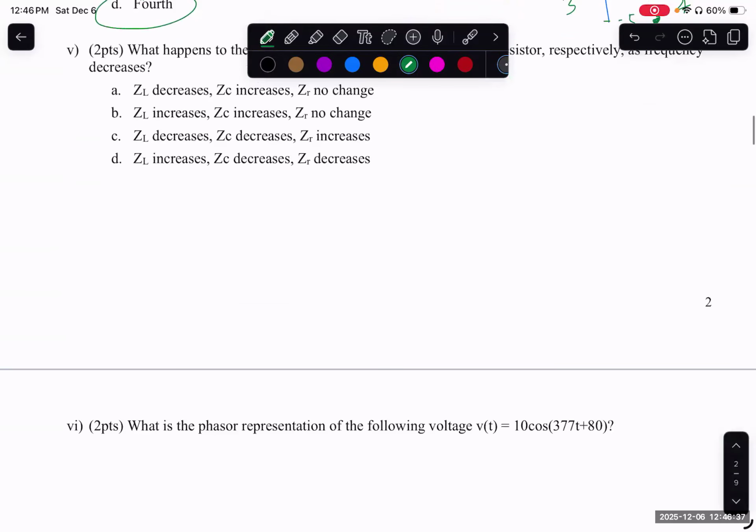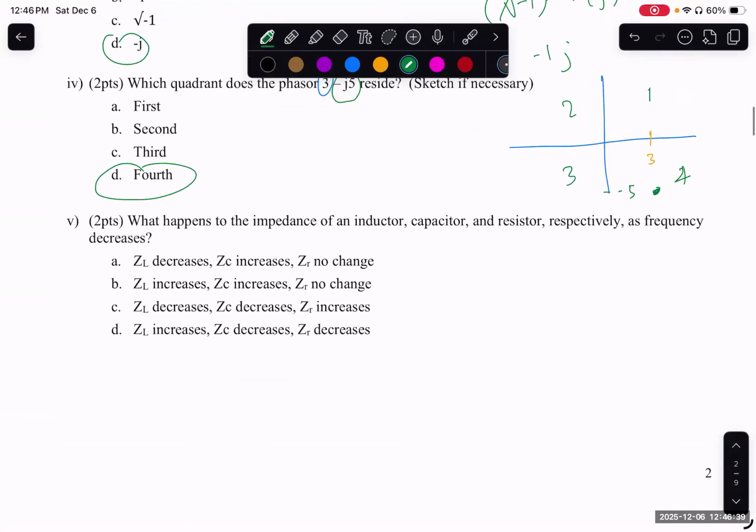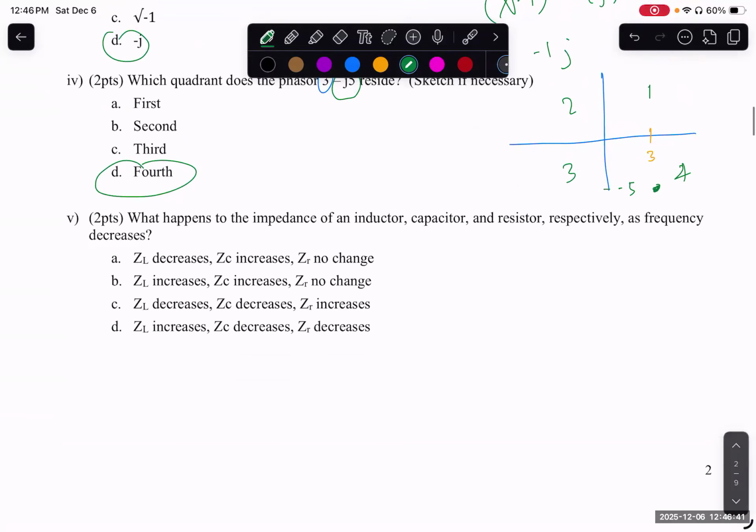Okay, so the last multiple choice question. What happens to the impedance of an inductor, capacitor, and resistor respectively as frequency decreases? Frequency can also be written as 2 pi f, which is omega.